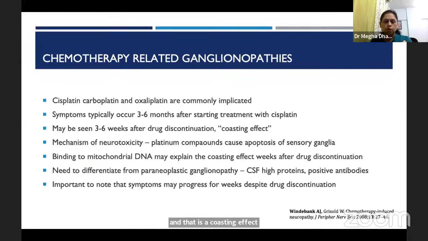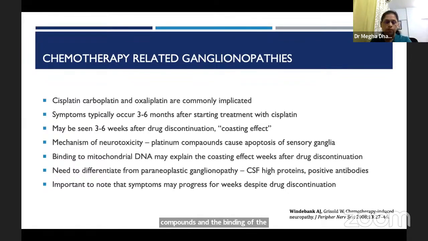So the mechanism of neurotoxicity is probably apoptosis of the sensory ganglia by the platinum compounds, and the binding to the mitochondrial DNA may explain the delayed effect, which is the coasting effect after drug discontinuation.